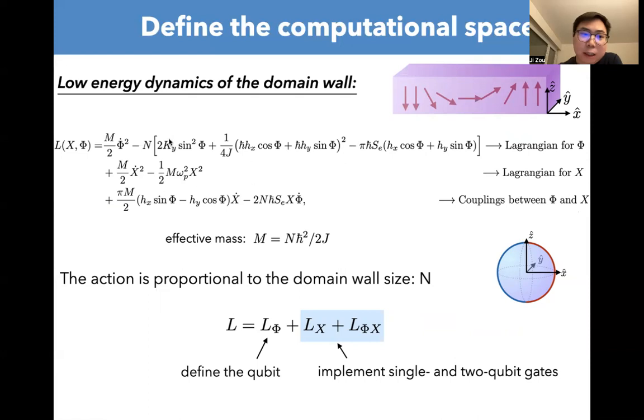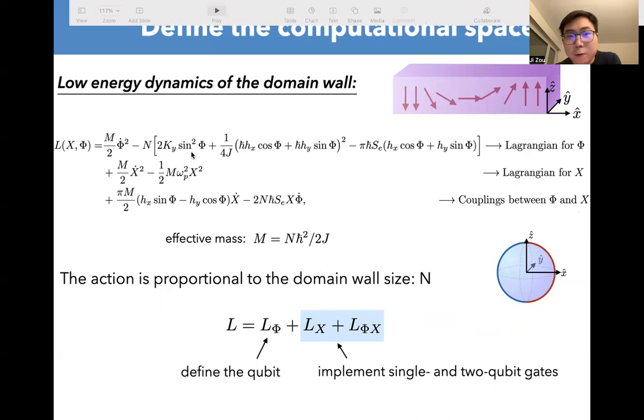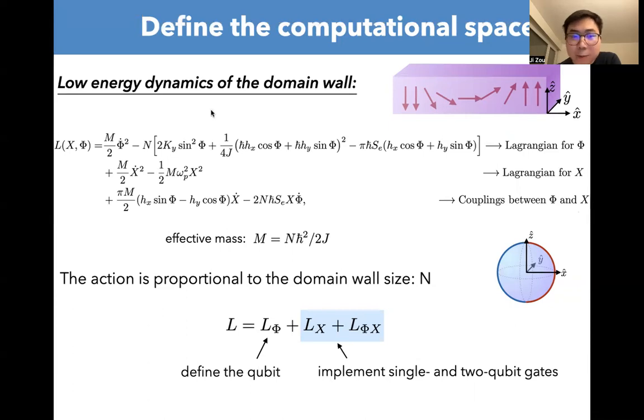Now let's look at the first line. It is basically the standard kinetic energy for the azimuth angle φ. The first term here is the easy plane anisotropy we just mentioned, due to which the φ equal to 0 and φ equal to π states are preferred.